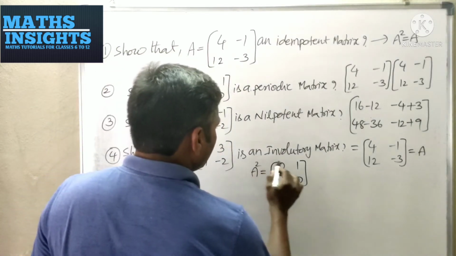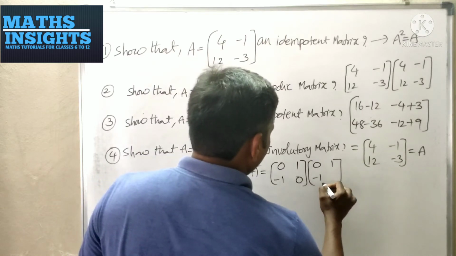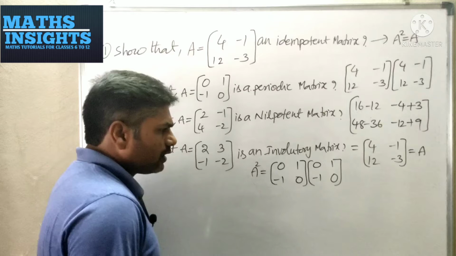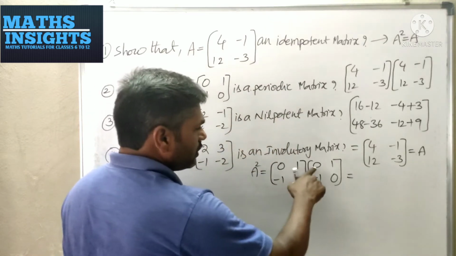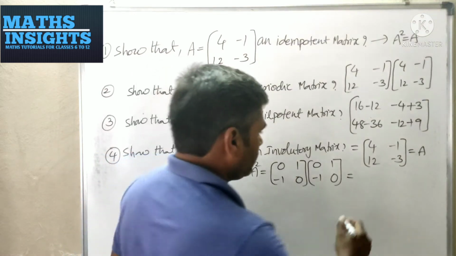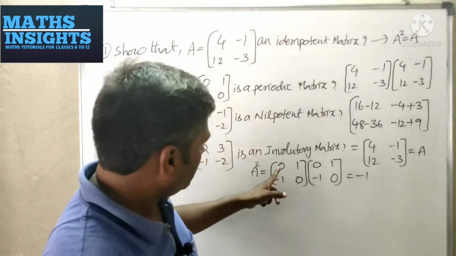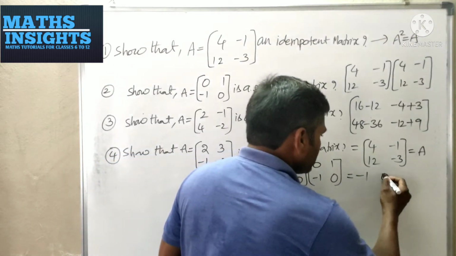So I am doing A square first. A square means I am writing [0, 1; -1, 0] times [0, 1; -1, 0]. You know how to multiply two matrices. First row, first column: 0 into 0, plus 1 into minus 1, that is minus 1. Next, 0 into 1, 0, plus 1 into 0, 0, so total 0.